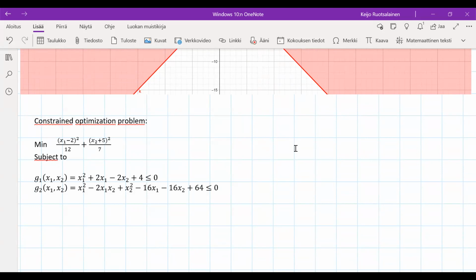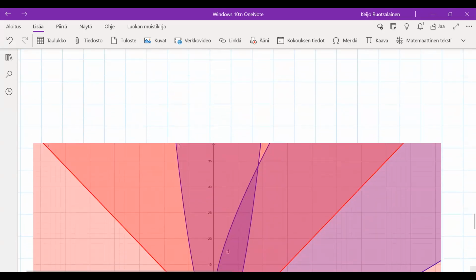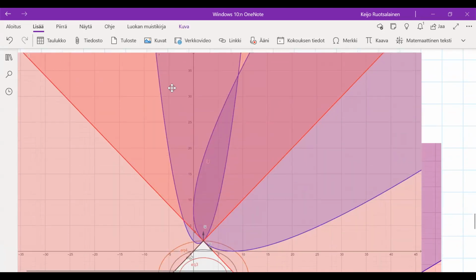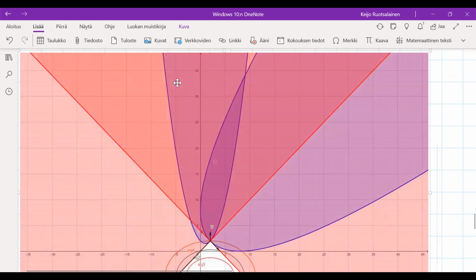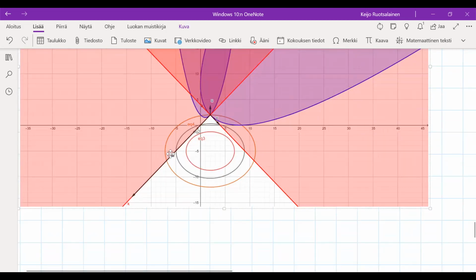The origin of the ellipsoids is at the point 2, -5. So here I have drawn the level sets with different values of constants.